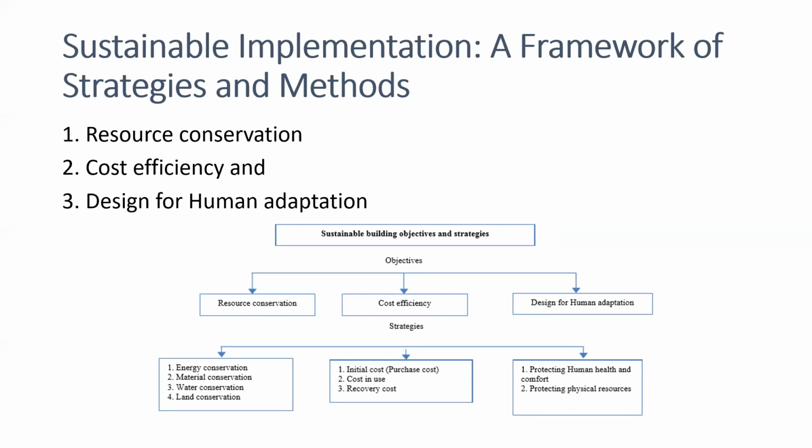In terms of cost efficiency, we can focus on initial cost, what we call the purchase cost, cost in use, cost values that are related when we are using it, and the recovery cost. In terms of the human adaptation, we can focus on protecting human health and comfort and protecting physical resources.